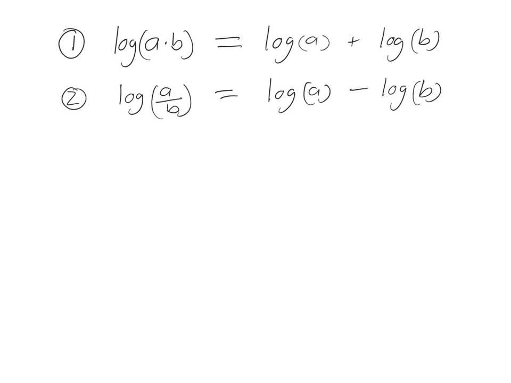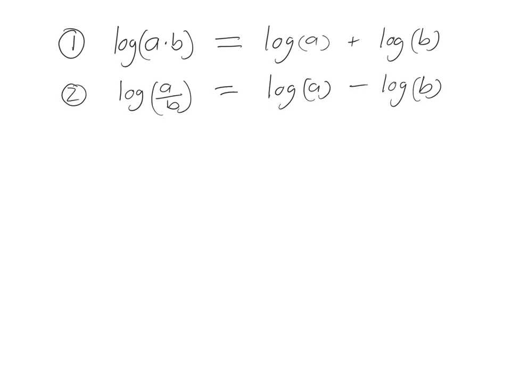The second rule to remember is that the log of one number divided by another number, so a divided by b, is the same as the log of the first number, a, minus the log of the second number, b. And finally, the third rule to remember is that the logarithm of one number a raised to another power, b, so a to the b, is the same as b times log of a.